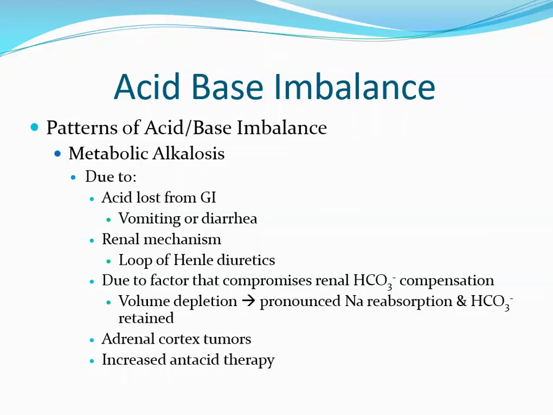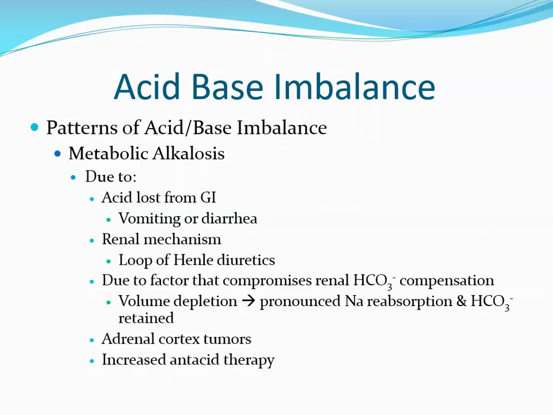This often is not likely to develop without some factor that compromises renal bicarb compensation. For example, volume depletion will result in a pronounced sodium reabsorption, and bicarb will be retained to balance the charge. It could be due to adrenal cortex tumors that hypersecrete aldosterone, and as a result, hydrogen ions would be excessively secreted.